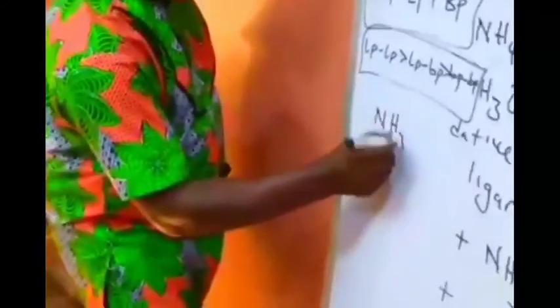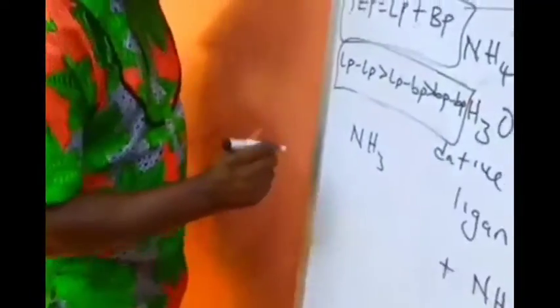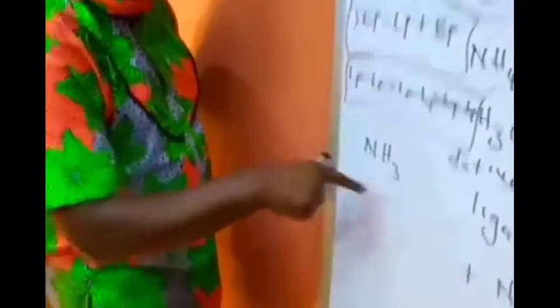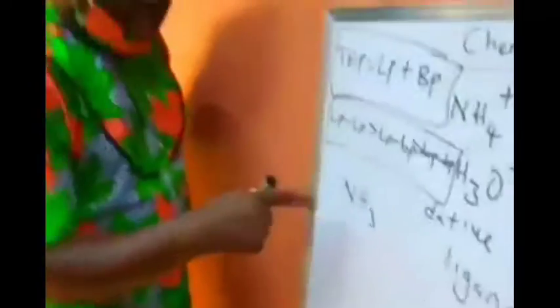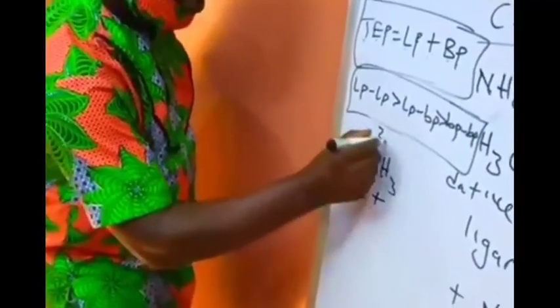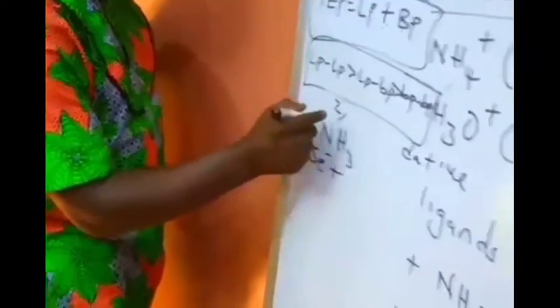Now, what do we mean? In ammonia, how do I know it is one lone pair? Please, time will not permit me to go into detail. The central atom has been determined as nitrogen. How many atoms are around nitrogen? Let's find out. The first question, what's the valence electron here in nitrogen? 5. How do I know it's 5? Look at it.